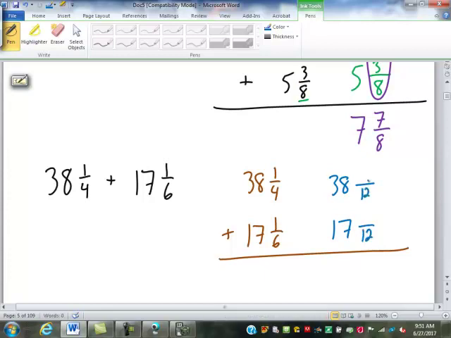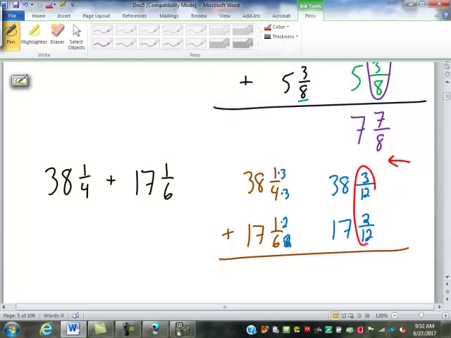Perfect. What's going to go in here? 3. 3, good. 4 times 3, so 1 times 3. What's going to go here? 2, very good. 6 times 2 to make 12, so 1 times 2 is 2. And now again, I start on the right and work my way back to the left.